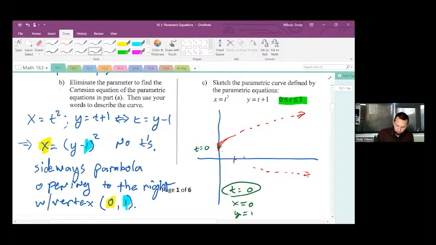And when t equals 3, this would be where x equals 9 and y equals 4. So maybe some point out here, again not to scale, here we're at 4 on the y, and 9 on the x. And the point is where t equals 3.